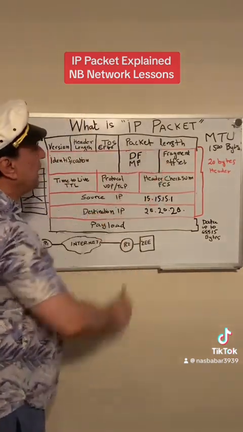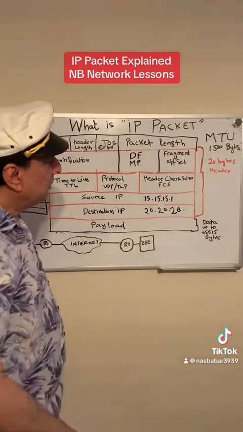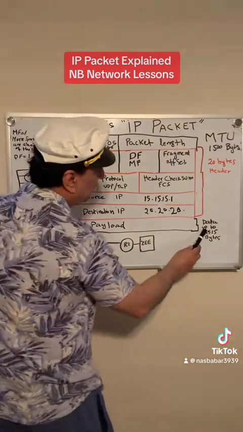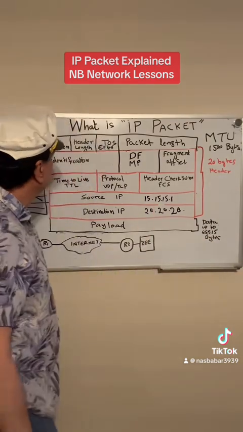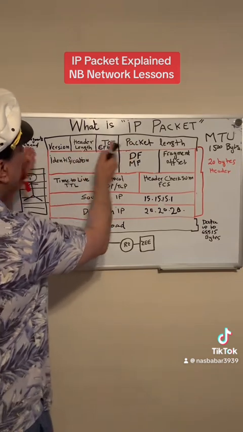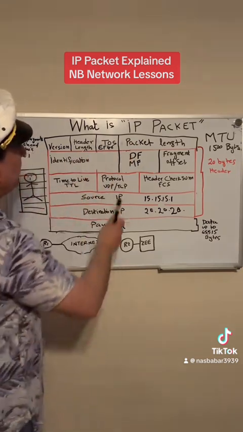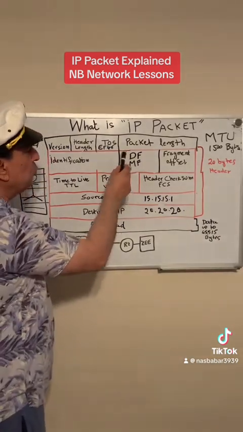Packet length is basically whatever the length of the packet is. The range is from 0 to 65,515 bytes. Identification consists of the identifiers of the packet. Then we have something called fragmentation. Fragmentation has two bits.